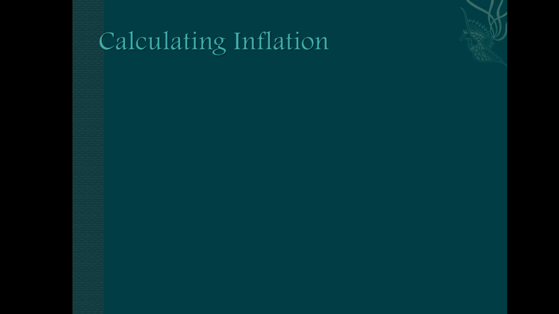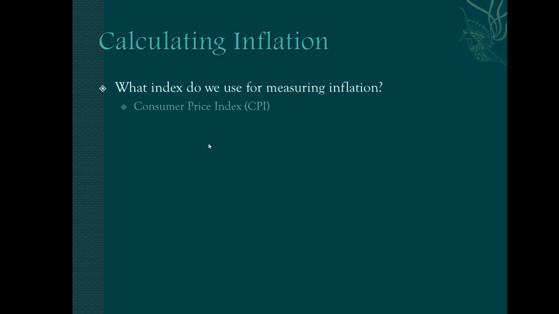Yeah, CPI. That's the one we use. The basket. Yeah, the bloody basket. CPI, Consumer Price Index. This is what we use. But what is CPI? What is the number showing?